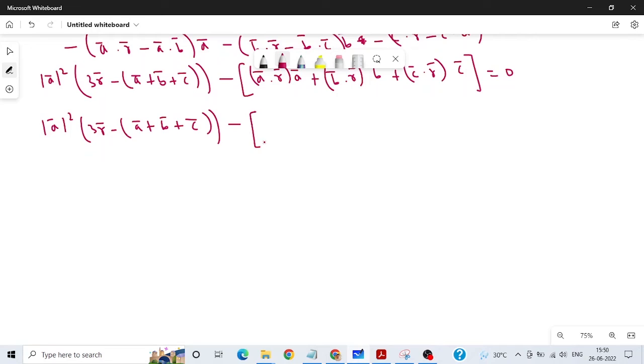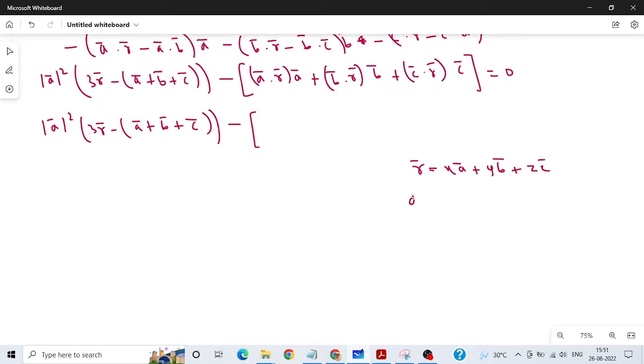minus bracket. Now let's calculate what a bar dot r bar is. As I said, a bar, b bar, c bar are three mutually perpendicular vectors, so any vector r bar can be written as a linear combination of a bar, b bar and c bar. So now we have the value of r bar in terms of a bar, b bar and c bar.